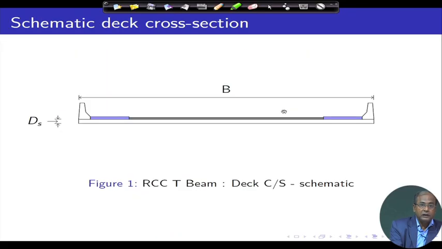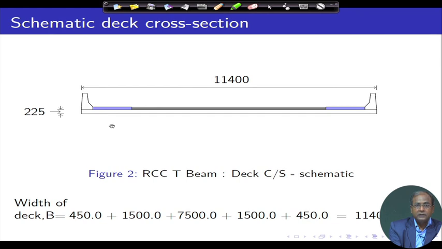Coming to this one here, as we can see, we have the crash barrier, then the footpath, and the middle portion we have the deck slab and the wearing coat. We have given a uniform one, though exactly that is not uniform; we will get the different dimensions.